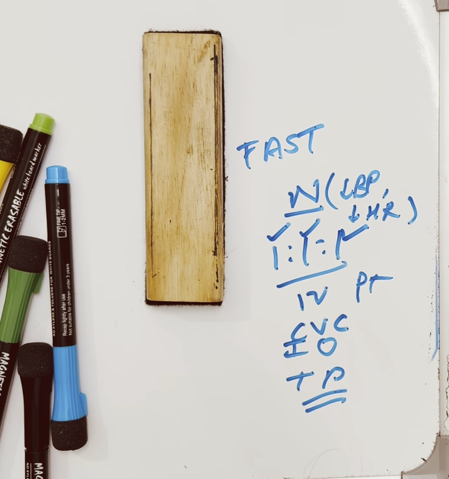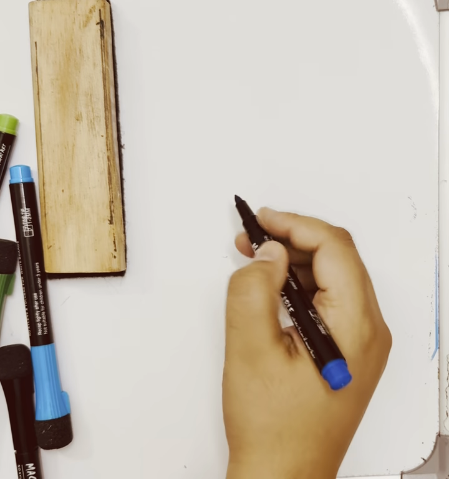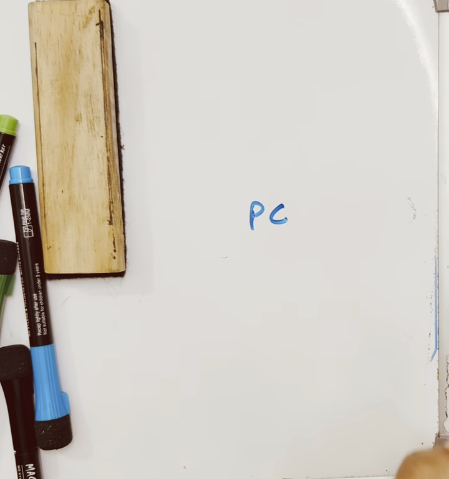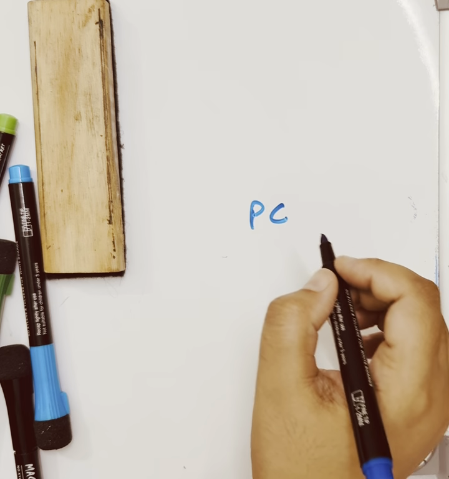In FAST we see blood in the pericardial space via pericardiocentesis or surgical exploration.